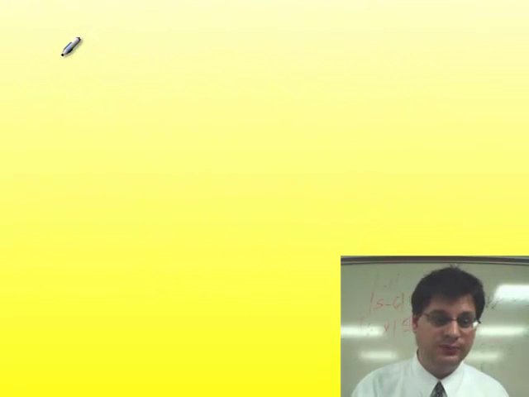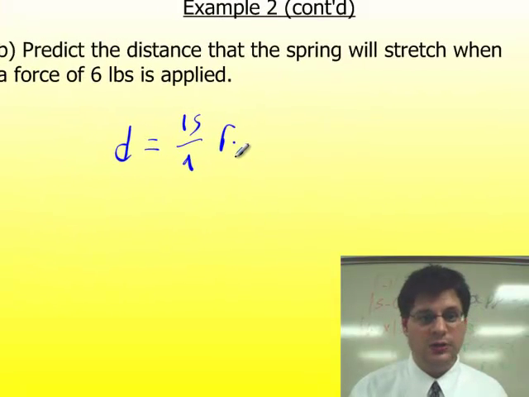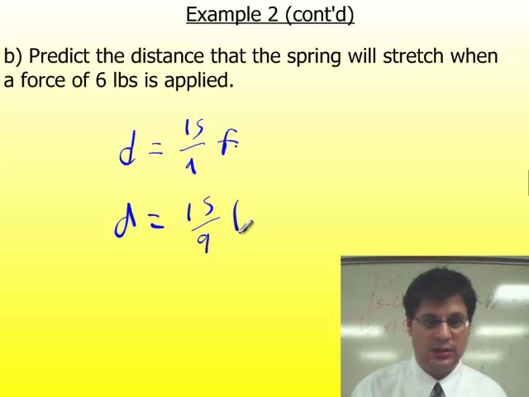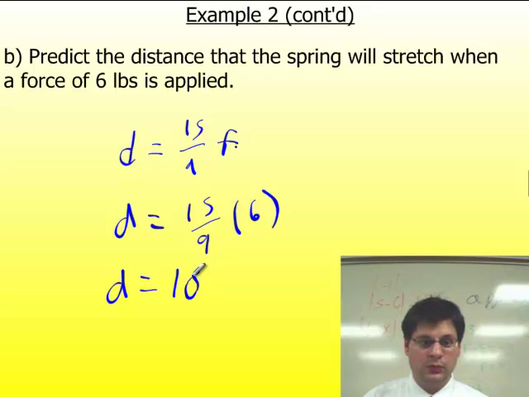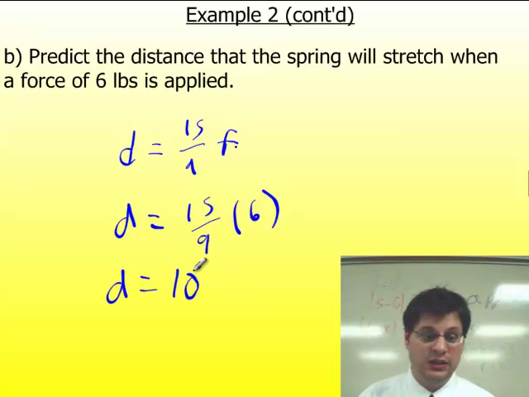Our equation was d is equal to 15/9 F. Now we're just going to substitute in the 6 pounds of force for F. So d is equal to 15/9 times 6. Thus, our distance is going to be 10.